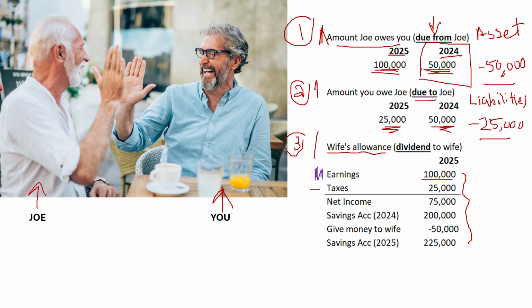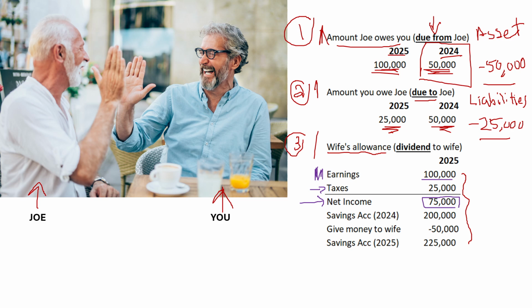You've got to pay your taxes, $25,000 in taxes, and that's being kind of soft. We're in Canada, so in reality, you would eat probably 30+% of that in taxes. But let's just say it's 25%, and then you end up with a net income of $75,000, which is the after-tax earnings, right?